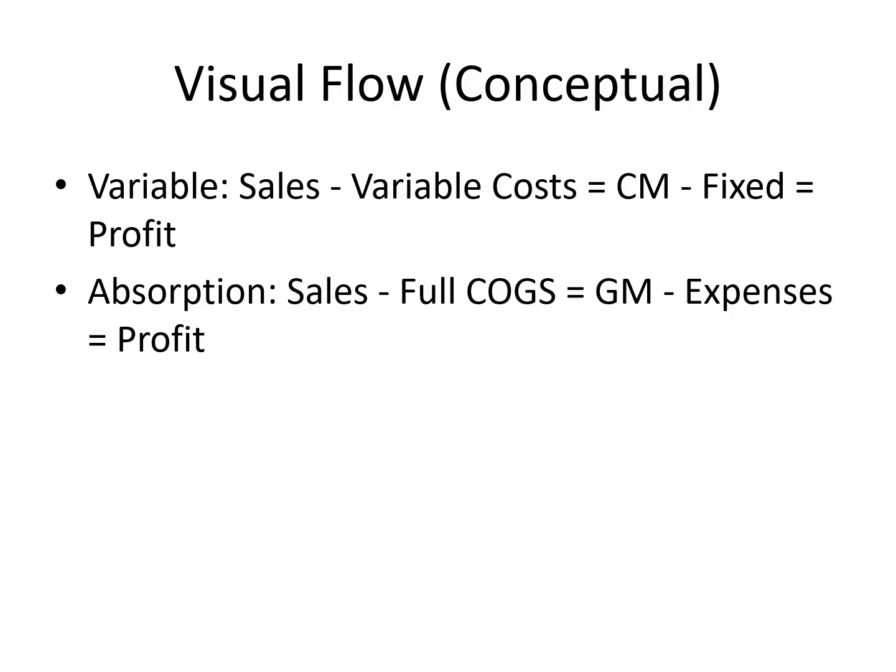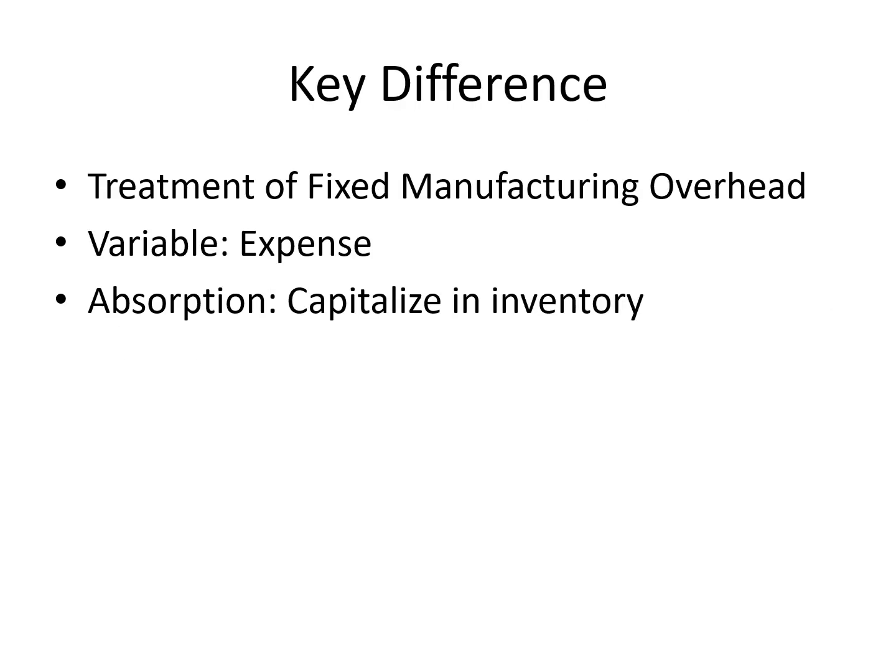You'll get your gross margin, and then you subtract expenses from it in order to get your profit. So we might be thinking it's the same business, but there are two different ways to calculate the profit. Why? The key difference is inventory. Let's look into an example.